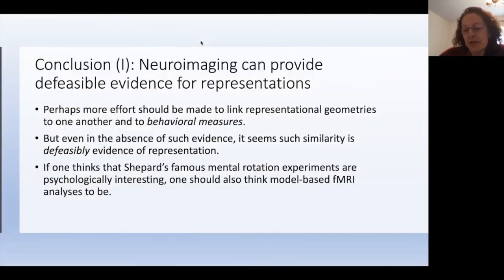And so I guess what I take away from this is that RSA itself has a lot to offer, and it can provide defeasible evidence for representations.